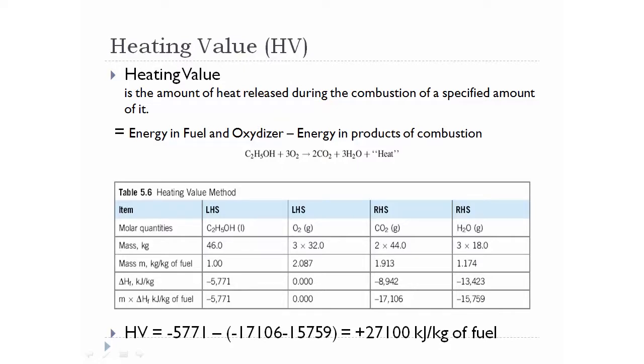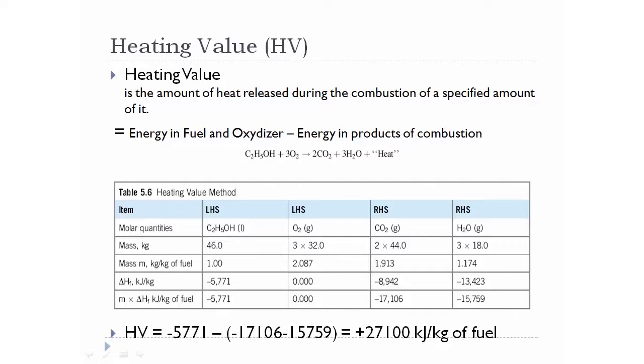Now, because of that reaction, there are some heating values involved. On the left hand side, from the C2H8, if I'm not mistaken, we will have around minus 5771 kilojoule per kilogram. From oxygen, we have none.